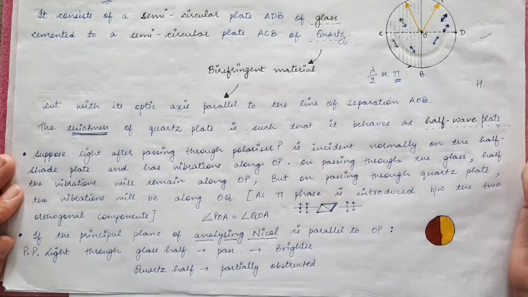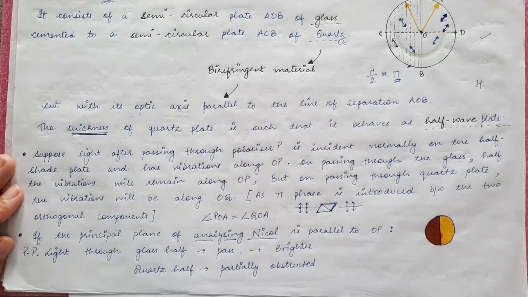So let's suppose that we have not inserted a sugar solution yet, or you can say that we just have water in the glass tube, because water will not rotate the plane of polarization. Only if you have a sugar solution will we have a rotation in the plane of polarization.